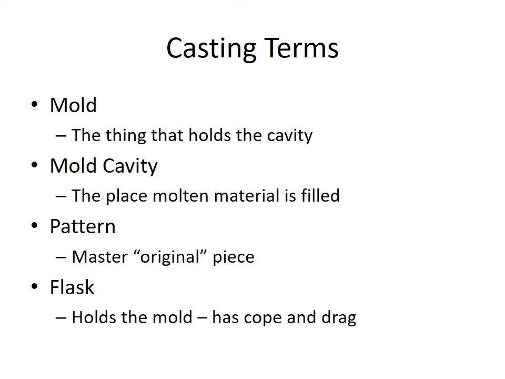In the case of the sand casting that you'll see in the videos, the video of the home foundry, it's a wooden flask and you put the pattern in, put the sand around it, take the pattern out, you have your cavity. Keep those terms in mind.